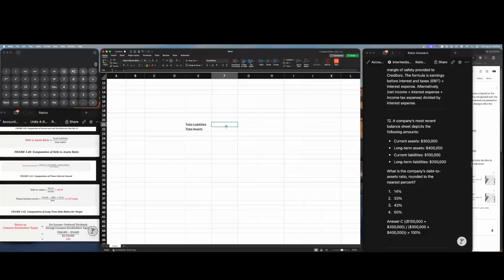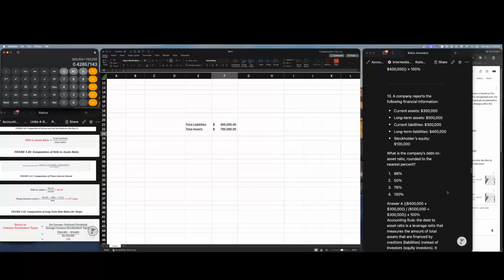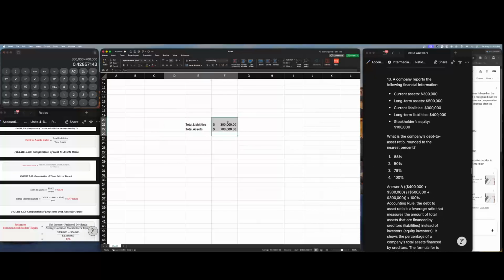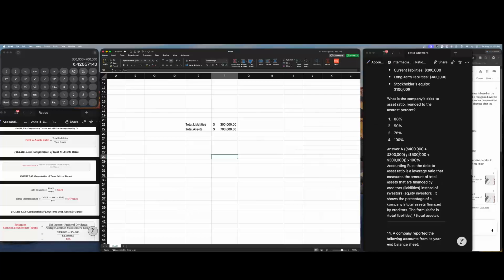It says debt to assets, so pretty obvious. 300,000 divided by 700,000, so it would be 43%. That's the debt to asset ratio. And stockholder equity, I don't believe is an asset or liability.